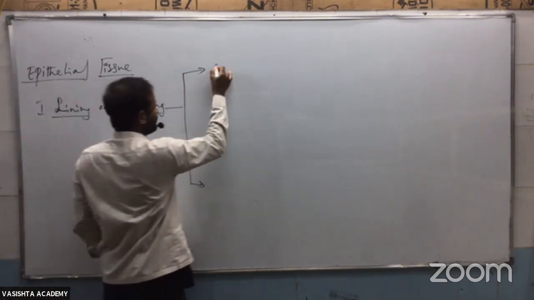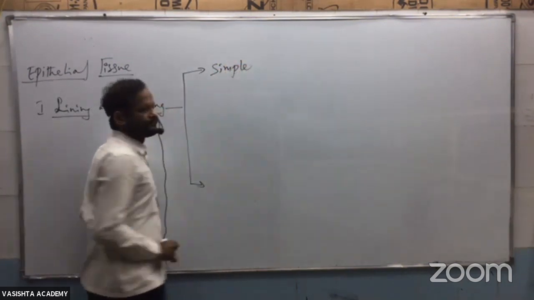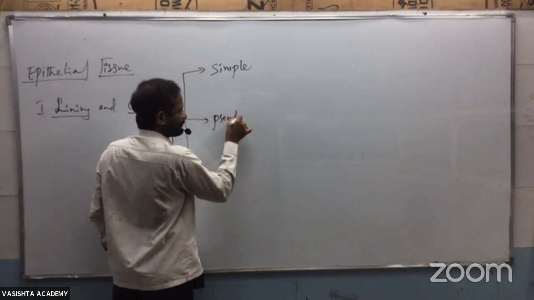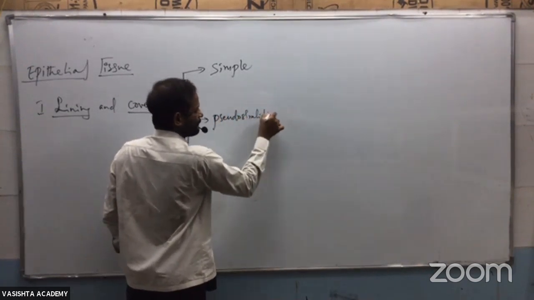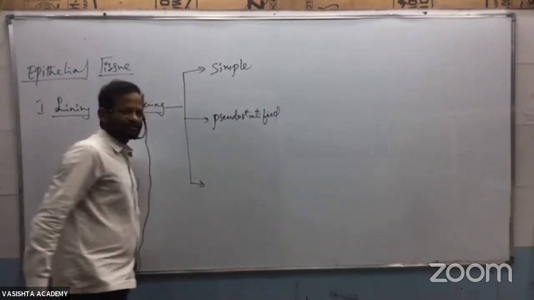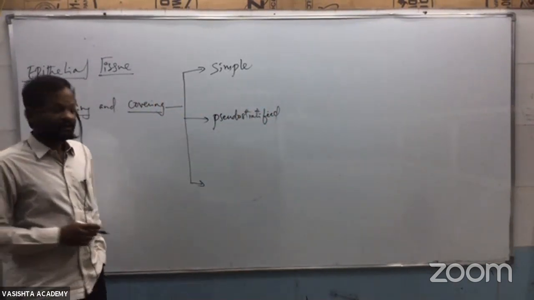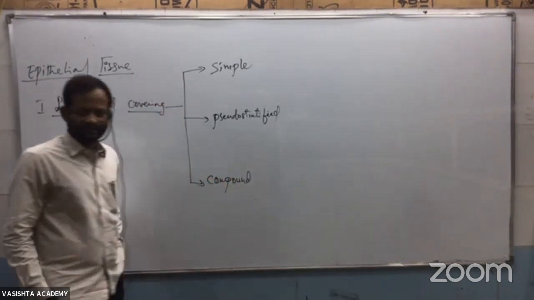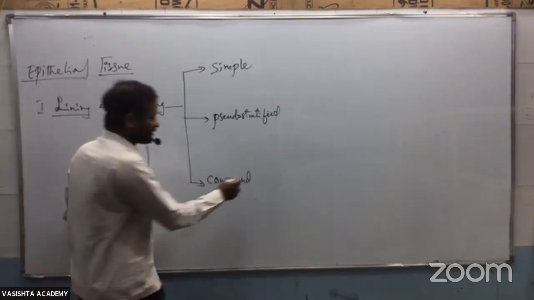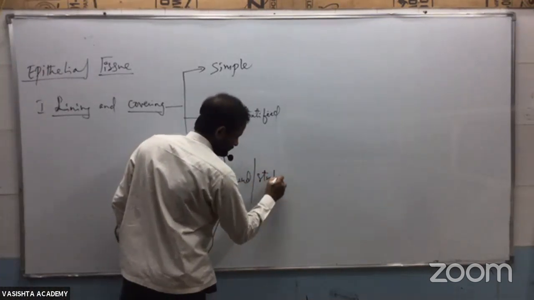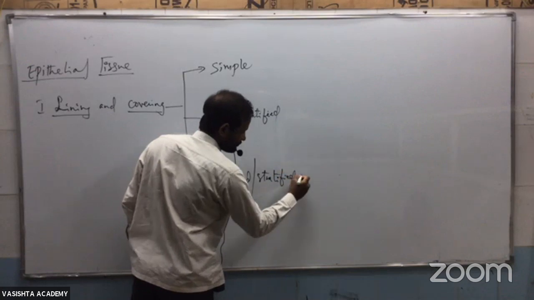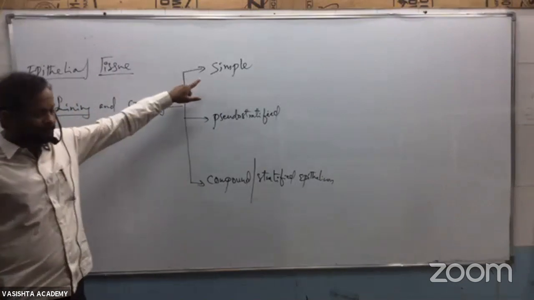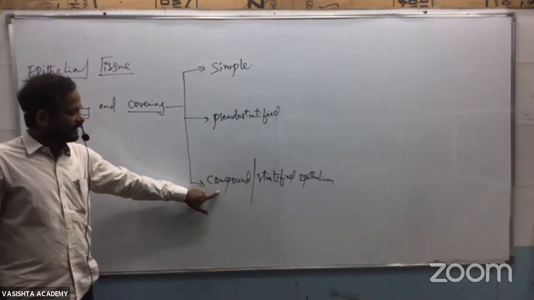One is simple. Second one is pseudo-stratified. Third one is compound epithelium or stratified epithelium. So now simple, pseudo-stratified and compound.